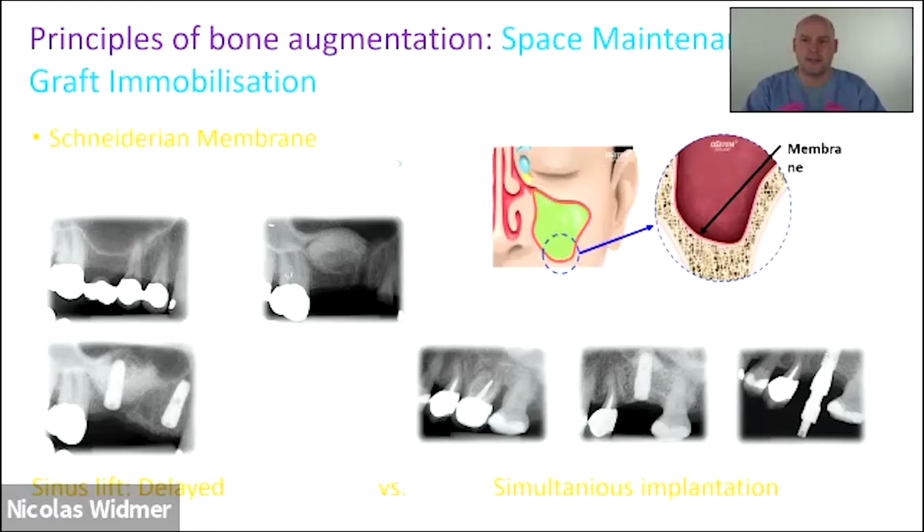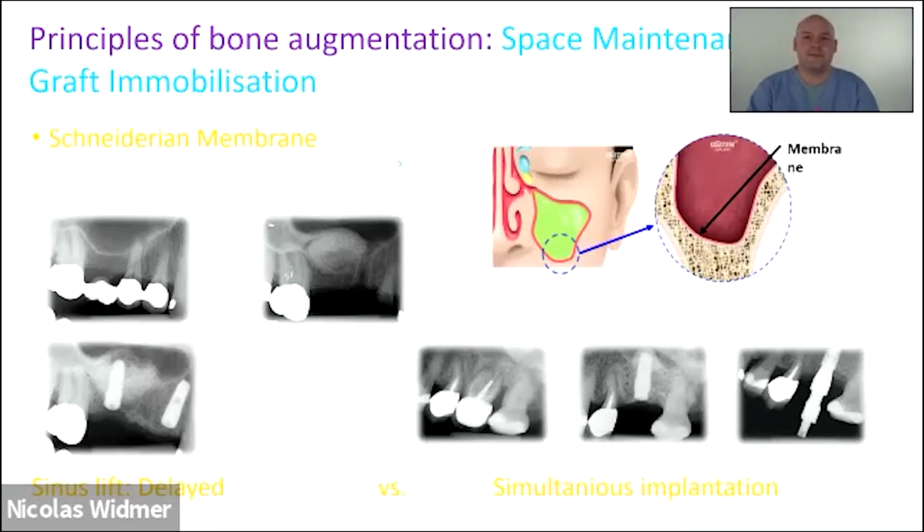is stabilizing our EthOss. On the other hand, when we do, let's say, delayed implant placement, we do maybe lateral augmentation, like in the picture on the left. We place EthOss and we wait maybe 12 weeks and then we place the implants.